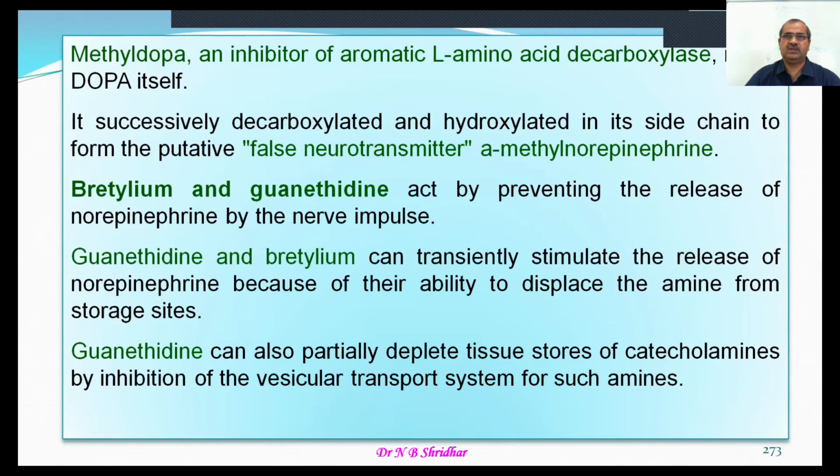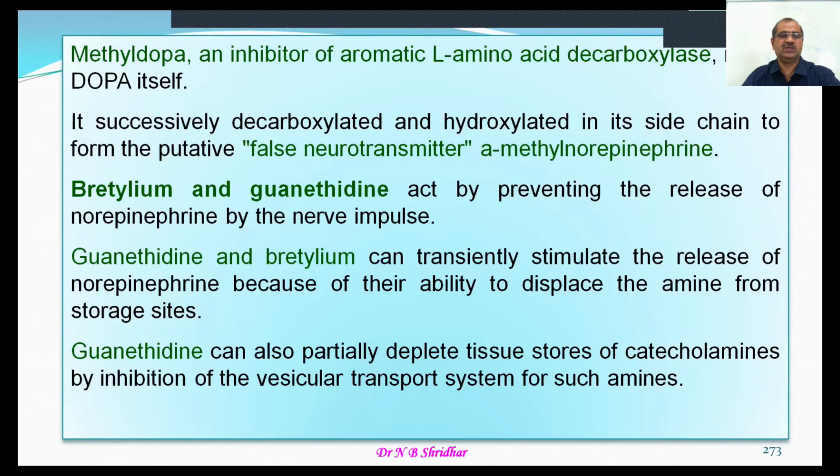That means the L-amino acid decarboxylase action is going to dopa, whereas the hydroxylated, L-amino acid decarboxylase dopa, it's a false neurotransmitter and it is converted to alpha methyl norepinephrine. And bretylium and guanethidine are the true drugs.